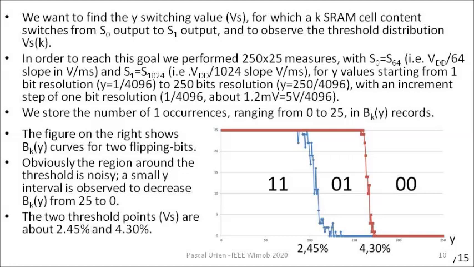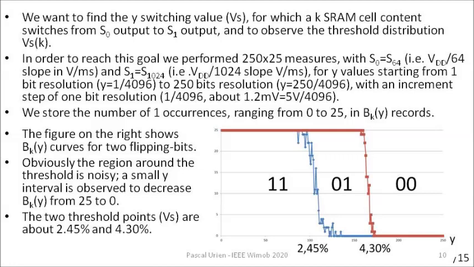For U values starting from 1 bit resolution, that's to say U equal 1/4096, to 250 bits resolution with an increment step of 1 bit resolution, about 1.2 millivolts. We store the number of one occurrence, ranging from 0 to 25, in B key U records.